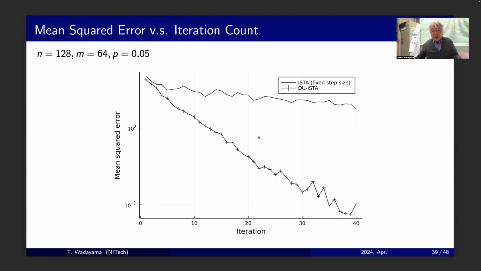We can observe that the DU-ISTA achieves much smaller MSE than that of original ISTA. You see, ISTA provides very slow convergence like this. Compared with such a slow convergence, the proposed DU-ISTA shows significantly faster convergence. This fast convergence behavior is a remarkable advantage of DU-ISTA.